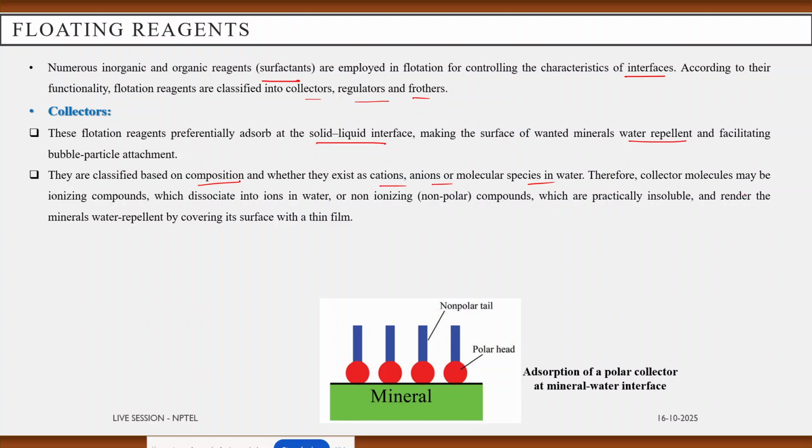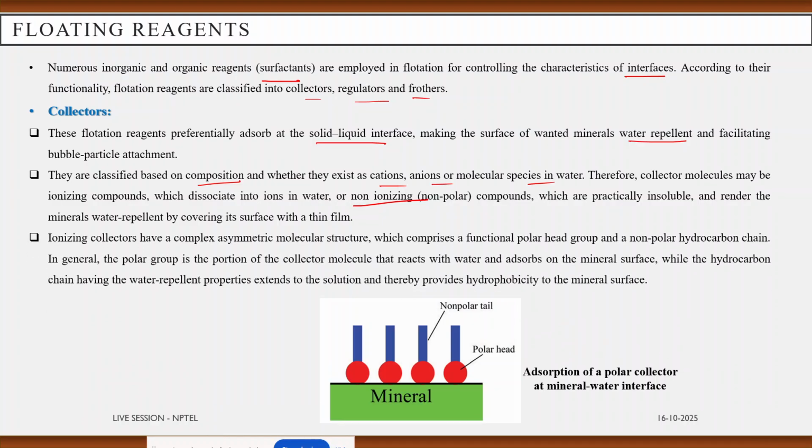Therefore, collector molecules may be ionizing compounds which dissociate into ions in water, or they can be non-ionizing or non-polar compounds which are practically insoluble. They render the mineral water repellent, or make them hydrophobic, by covering its surface with a thin film.